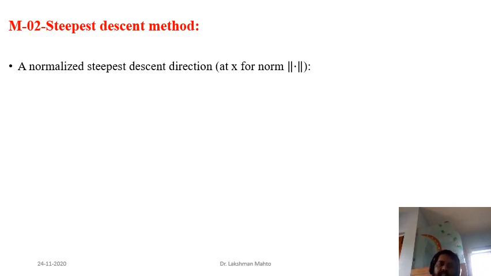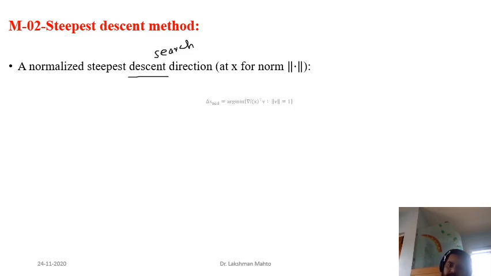So a normalized steepest descent direction, or simply in short, we can say it is a search direction. Steepest search direction also we can say. Descent direction I always used to say is a search direction as well.